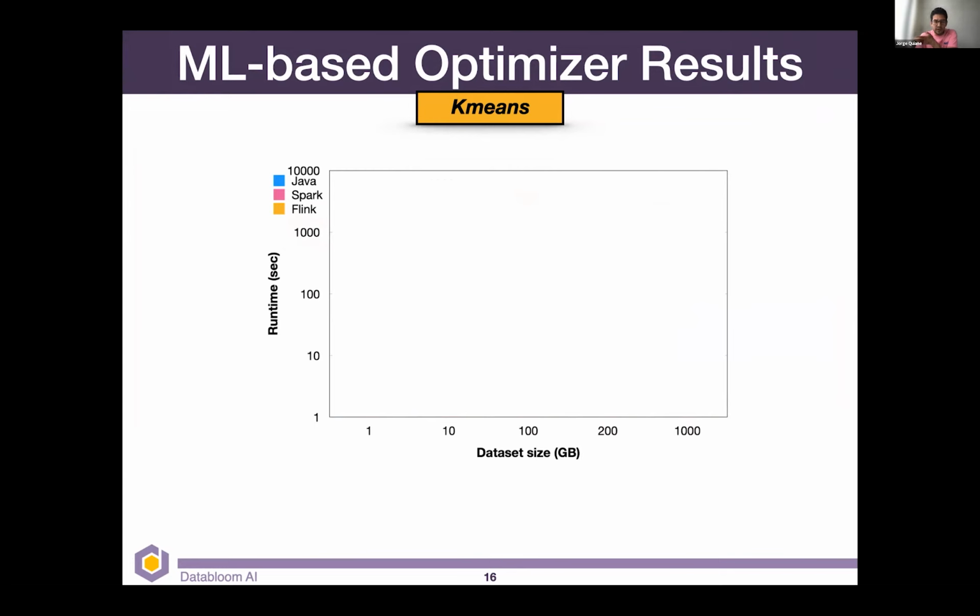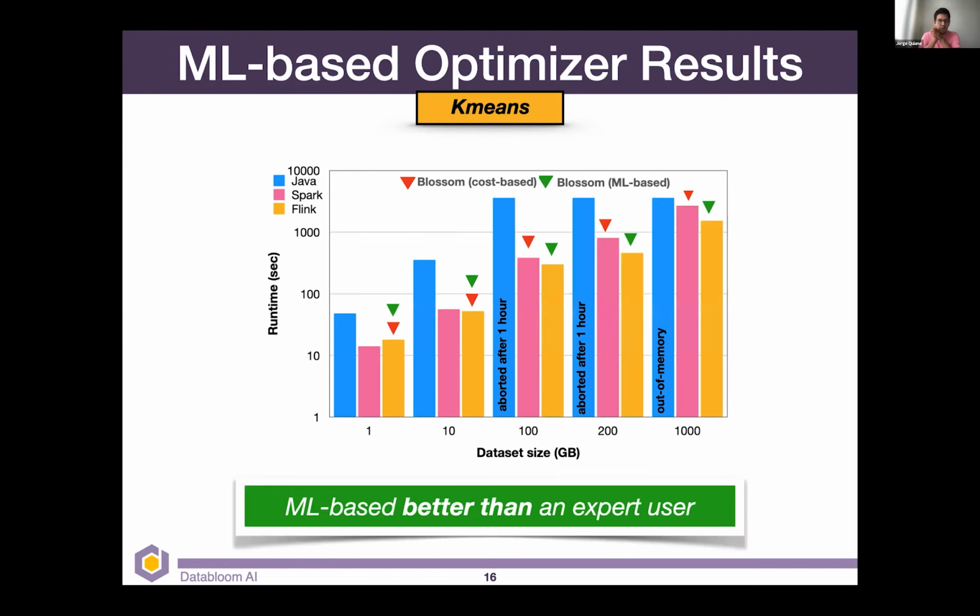We try to figure out if we put the constraint on Blossom to use only one platform, whether Blossom would pick the right platform. So forget about the combinations. Now we want to see if we can identify the best platform as a whole. That's the main point, and we see the results here.